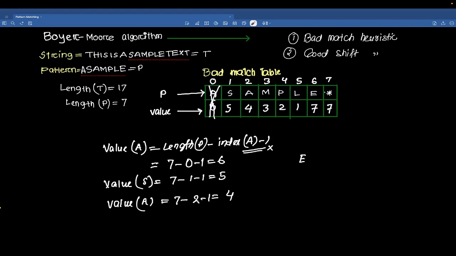With that, we have created the bad match table for the pattern "a sample", and now we will use this table to find whether "a sample" exists in the given text T or not.